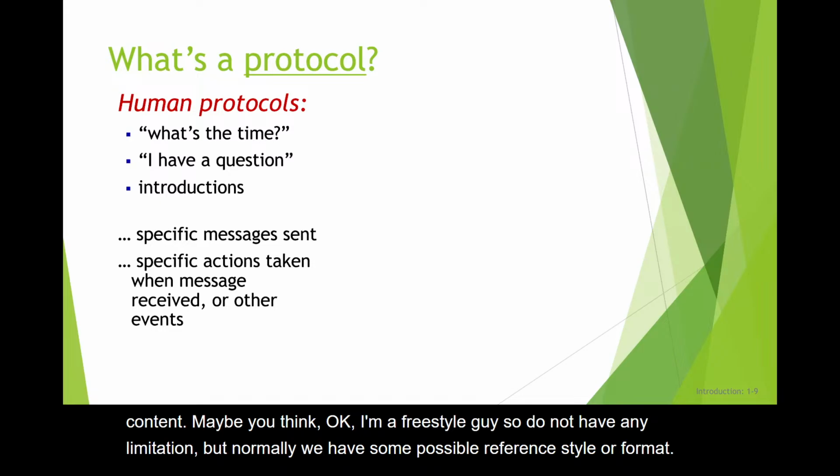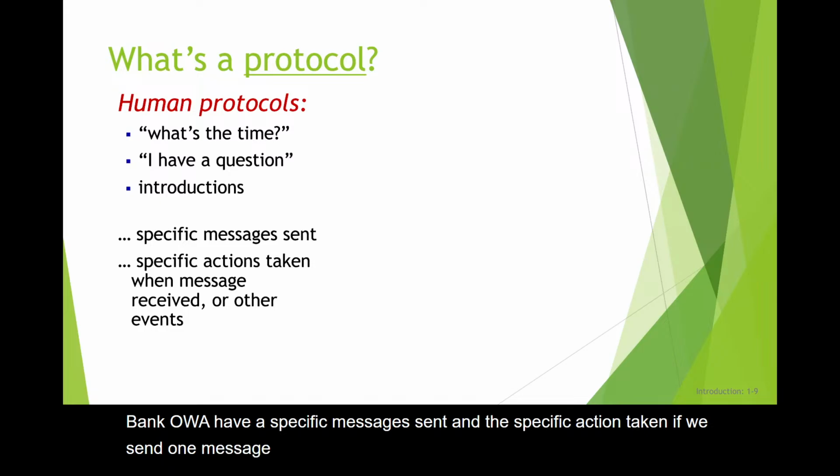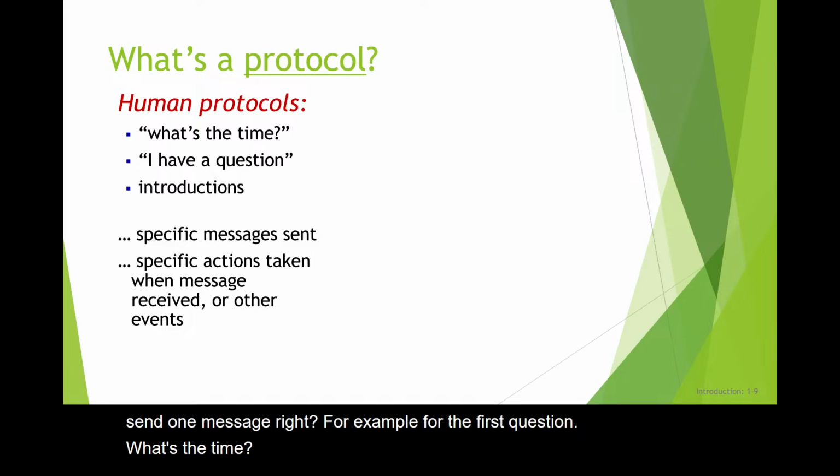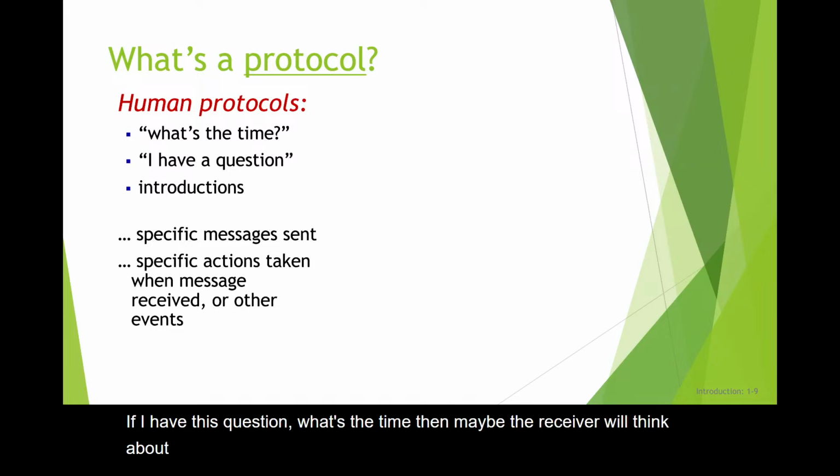Then we will have specific messages sent, and the specific action taken if we send one message, right? For example, for the first question, what's the time? If I have this question, what's the time? Then maybe the receiver will think about, okay, I will check my watch and then respond, right?